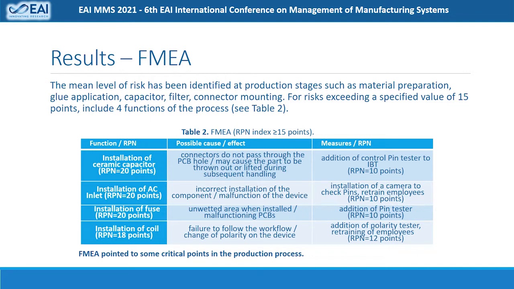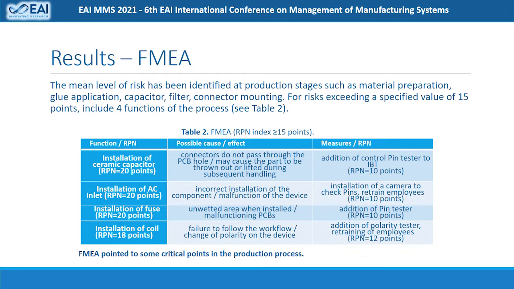Risks exceeding a specified value of 15 points include 4 functions of the process, see Table 2. For example, the installation of the fuse reached a risk level of 20 points. Cause of the failure: unwetted area when installed, resulting in malfunctioning PCBs. By supplementing a pin tester, we will reduce the risk level to 10 points.